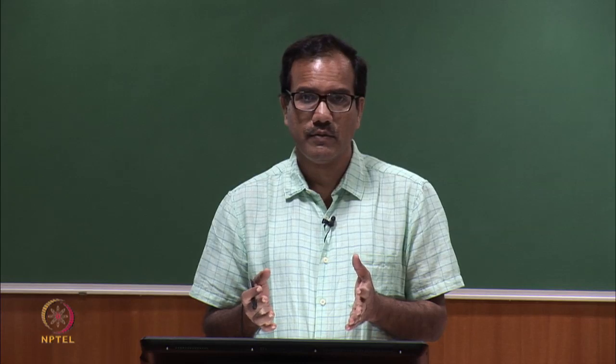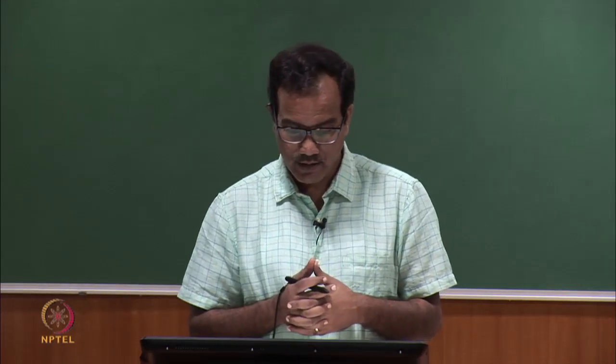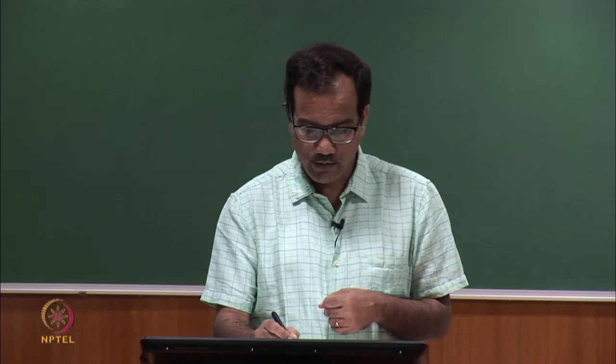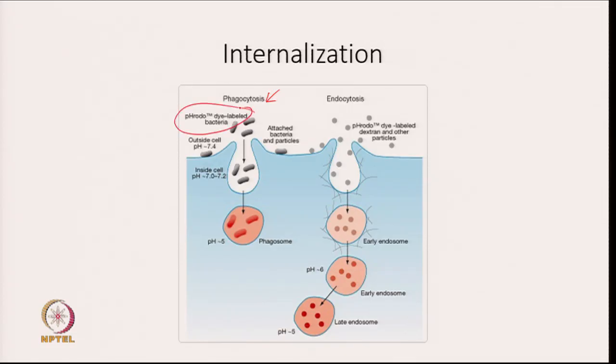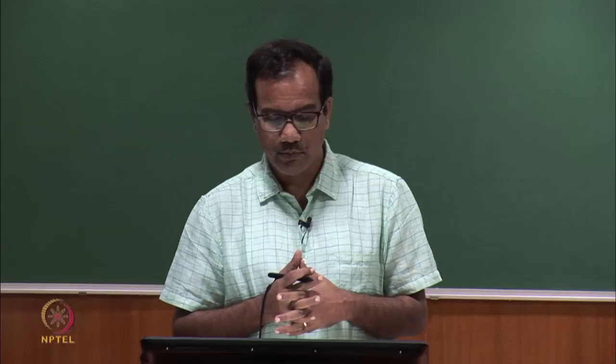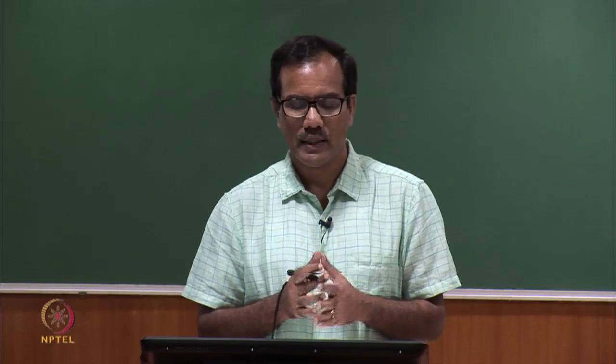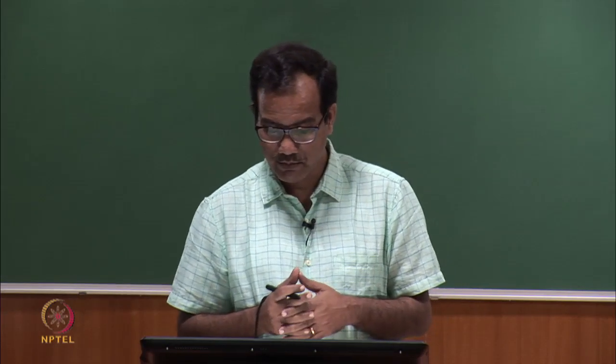Here is another way to look at the internalization. For example, during phagocytosis, if you take this dye-labeled bacteria, this is the attached bacteria and the particles. Outside the cell it is pH 7.4, it will not fluoresce. If it goes inside the cell, into the phagosome where the pH is 5, it will start showing fluorescence. So, you can look at the internalization using fluorescence spectroscopy.